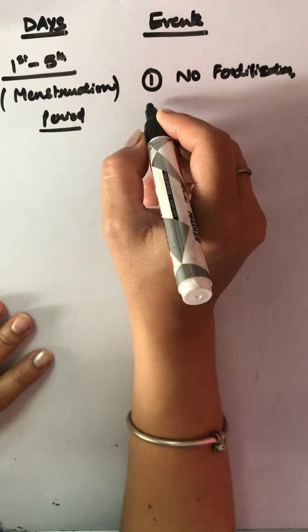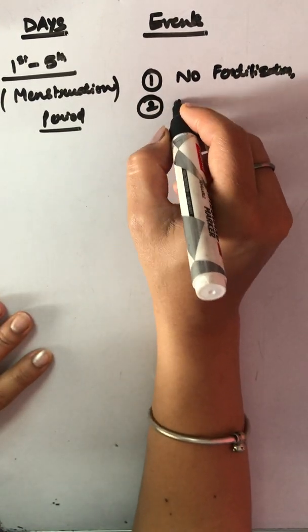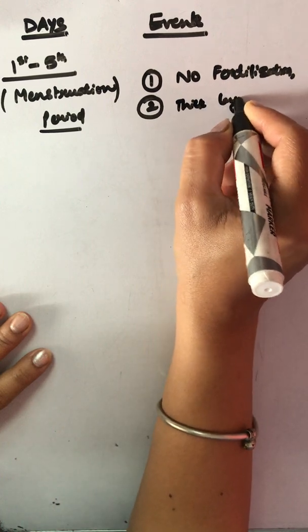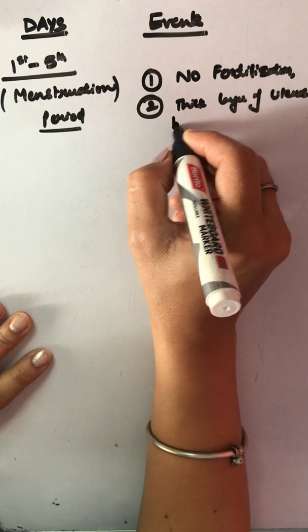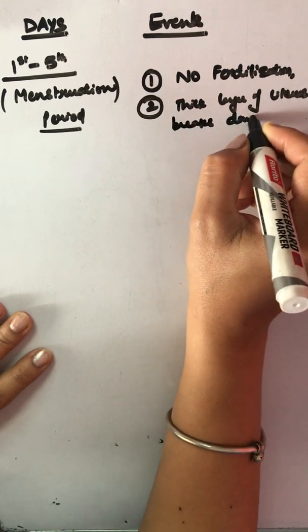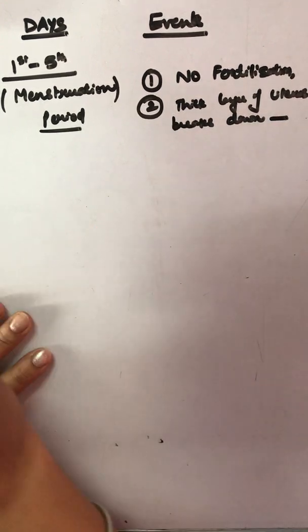Secondly, what happens here? The thick layer of uterus breaks down. Clear? What happens when it breaks down?